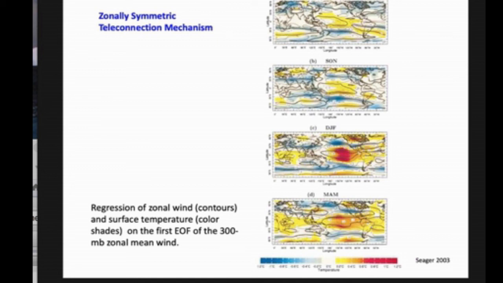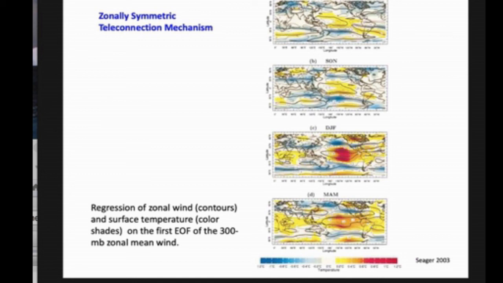And in the winter, this is surface temperature, not SST. The warm tropical Pacific corresponds to the temperature in the high latitudes with band structures, and the contour is the zonal wind structure.